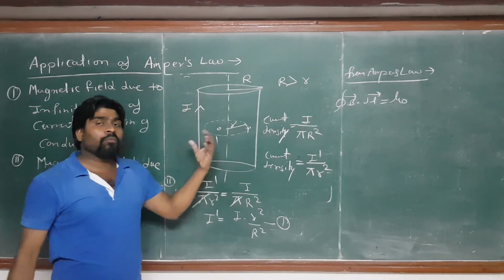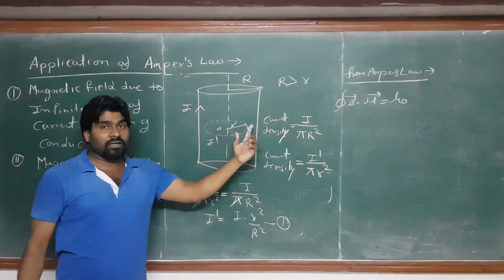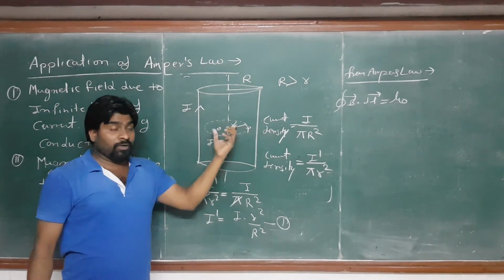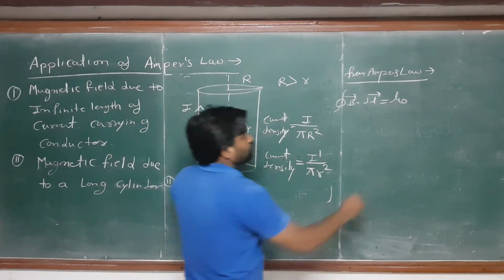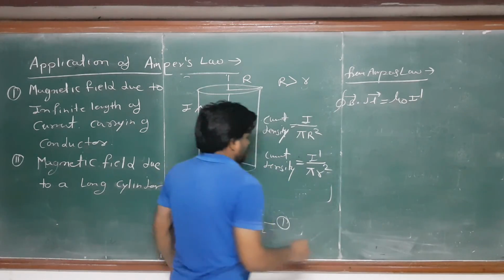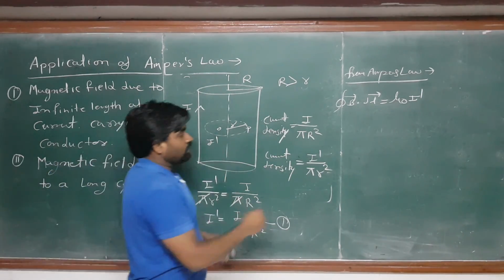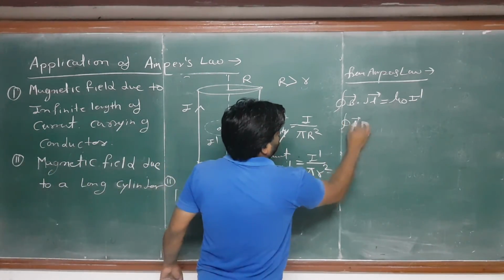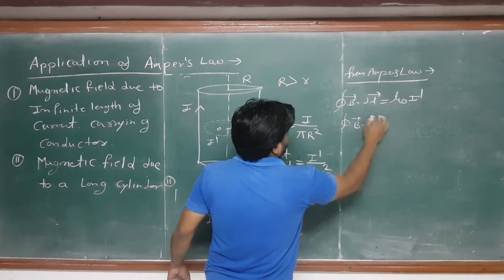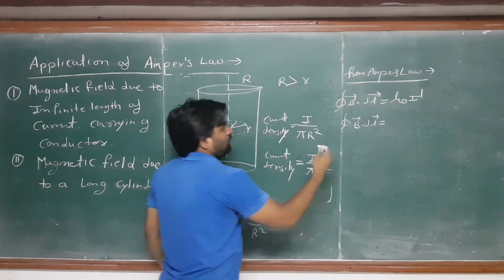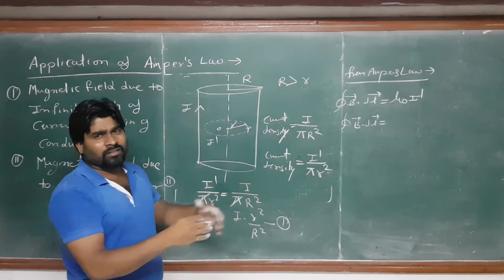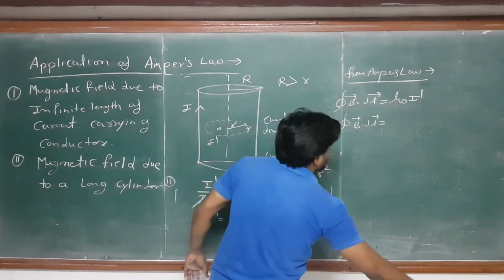Now tell me, how much current passes through this internal point P? It is I dash. So you have to write here I dash, and the I dash has this value, so put it there. I am not writing the dl again, so I am erasing it.